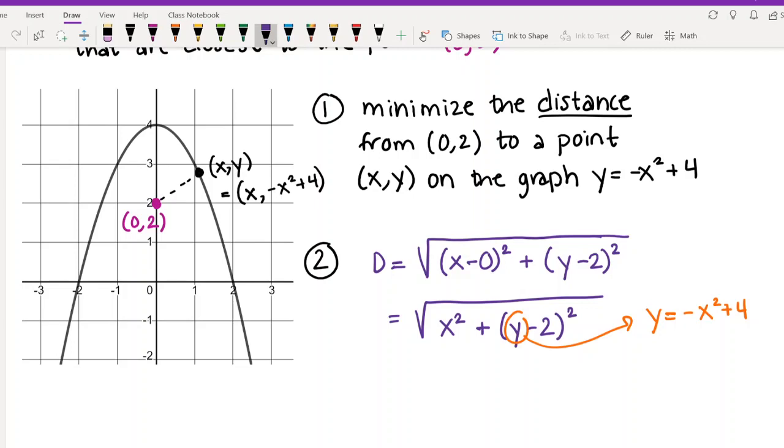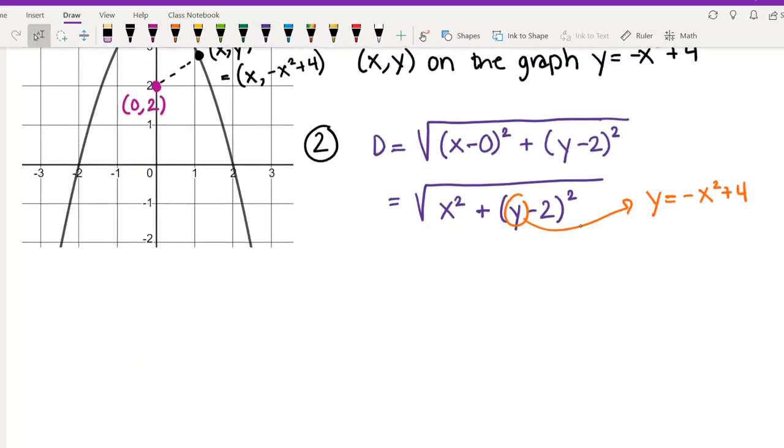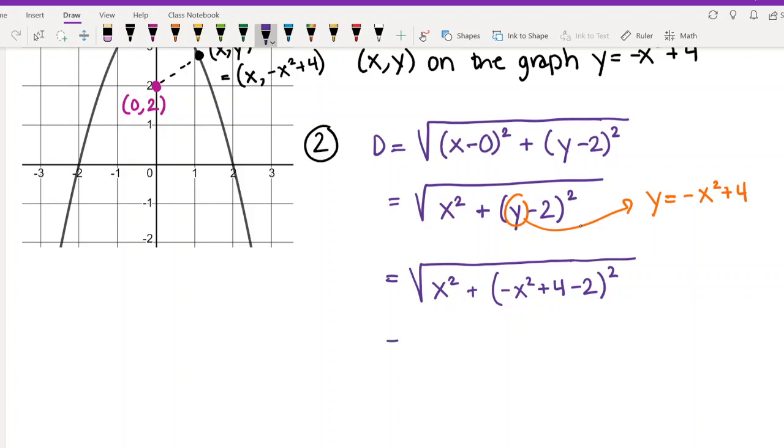And so we can now replace where it says y with negative x squared plus 4. Let's clean that up a little bit. So we now have x squared plus, and this simplifies to, negative x squared plus 2 squared.